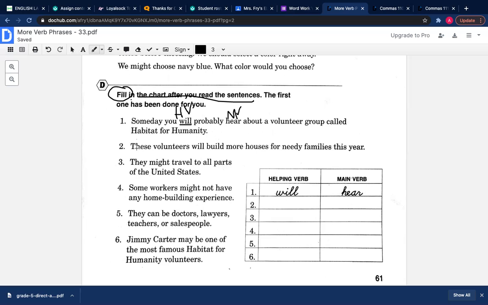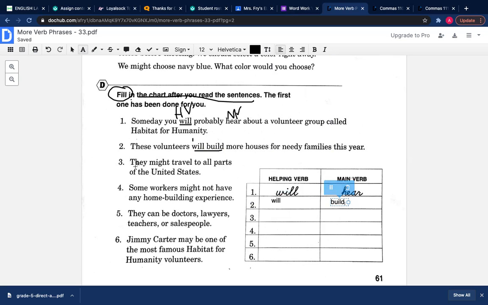And number 2, these volunteers will build more houses for needy families this year. Okay. Our subject in this sentence is volunteers. What will the volunteers do? Well, they will build. Will is our helping verb. Build is our main verb.